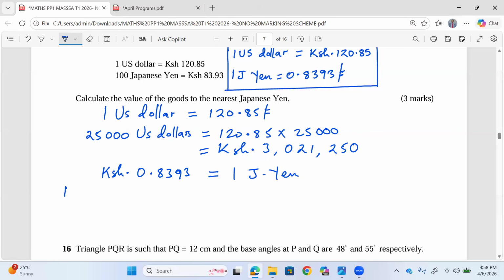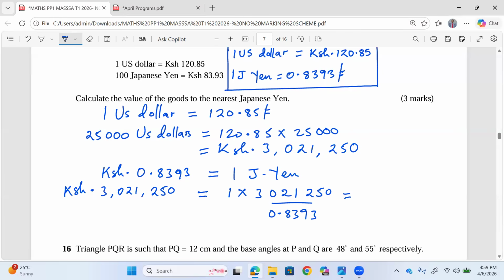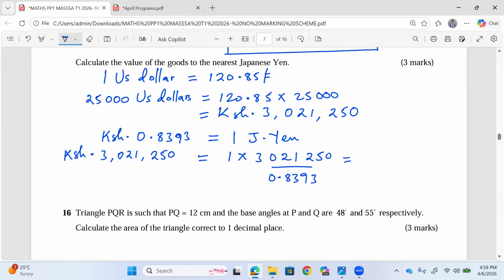What about when the Kenya shillings are 3,021,250? This should be 1 times 3,021,250 over 0.8393. So how many Japanese yen? When you divide there, I'm getting 3 million.